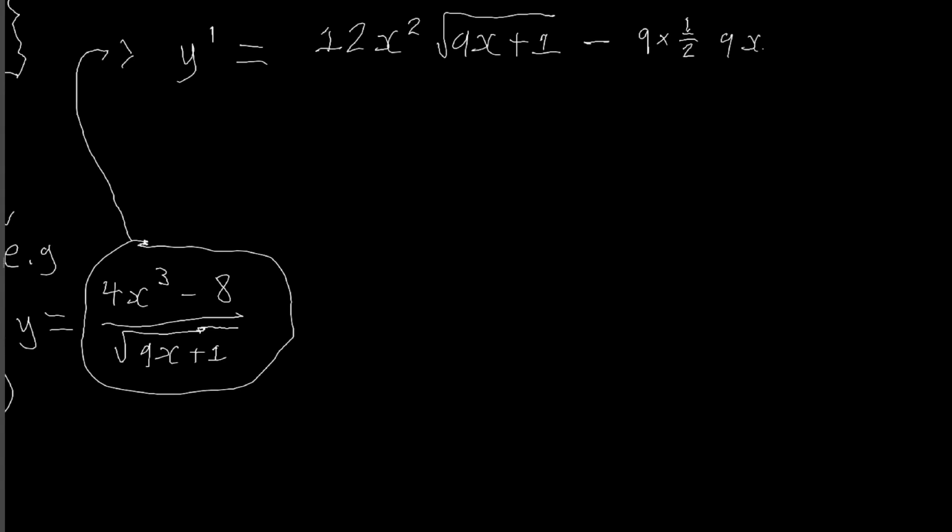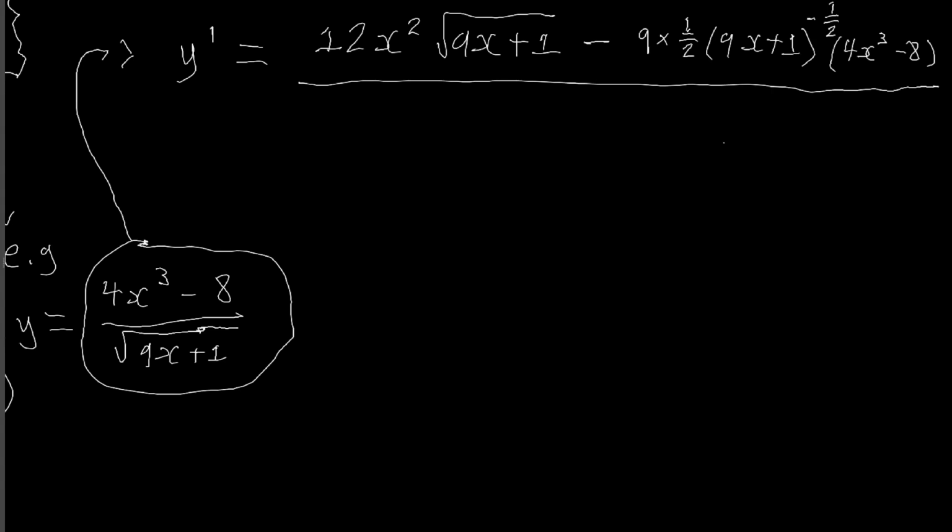9x plus 1, and the power reduces by 1. So if we start with 9x plus 1 to the power of 1/2, subtract 1 from that, and we have 9x plus 1 to the power of negative 1/2. And then this will, of course, be multiplied by 4x cubed minus 8.